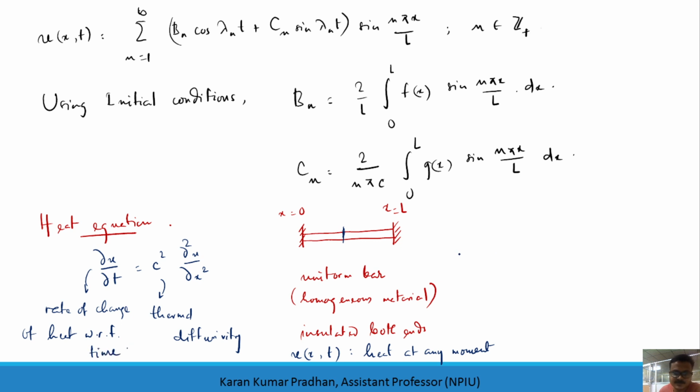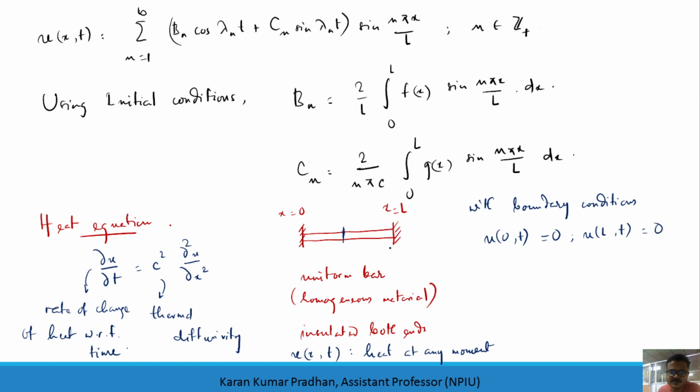Now the boundary conditions. Because both ends are insulated, and because you have the second partial with respect to x, you get two boundary conditions. That means u at (0, t) equals 0, and this is also the same for u at the other end, the temperature at the other end.